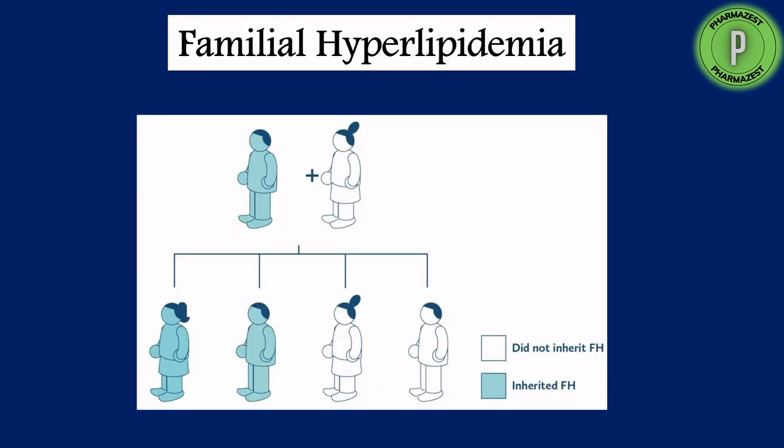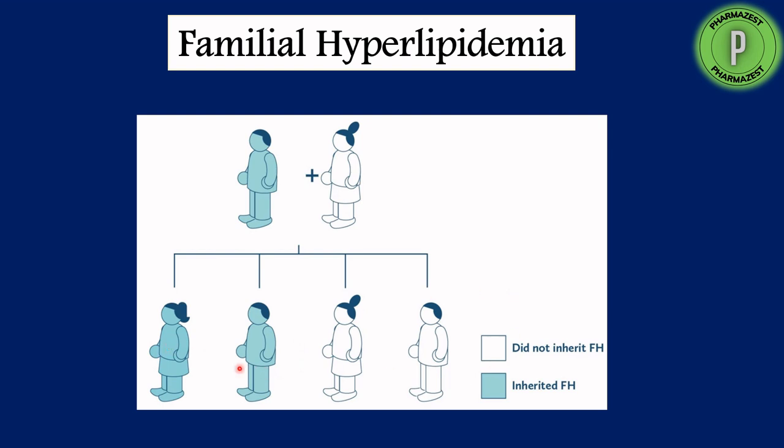So what is a familial disorder? Suppose you take the parents, the father and the mother. If the father has this deficiency or this disorder of hyperlipidemia, then what happens?